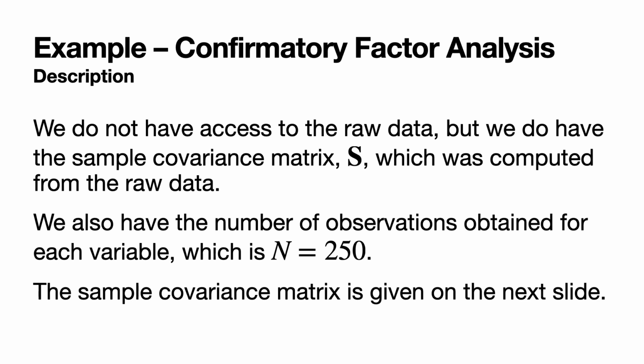Again, we do not have access to the actual raw data, but we do have the sample covariance matrix, which was computed from the actual raw data. We also know that the number of observations obtained for each variable is 250. The sample covariance matrix is given on the next slide.